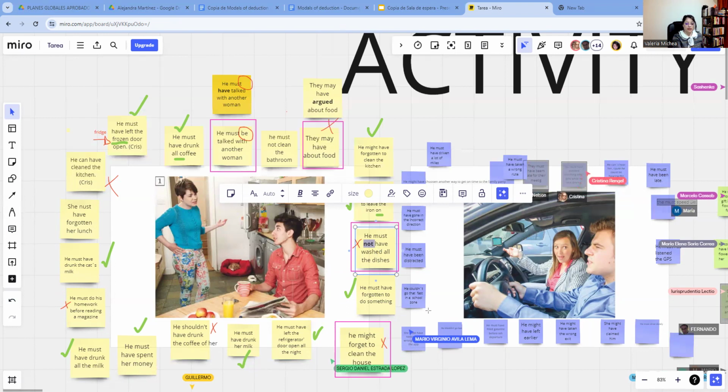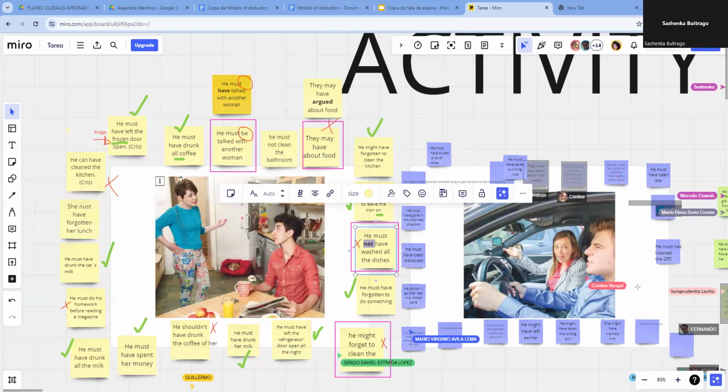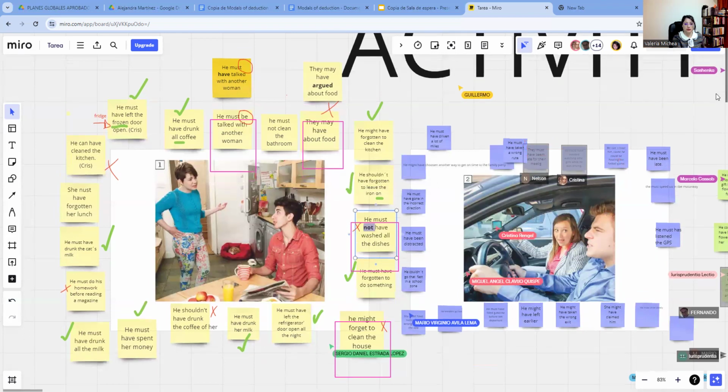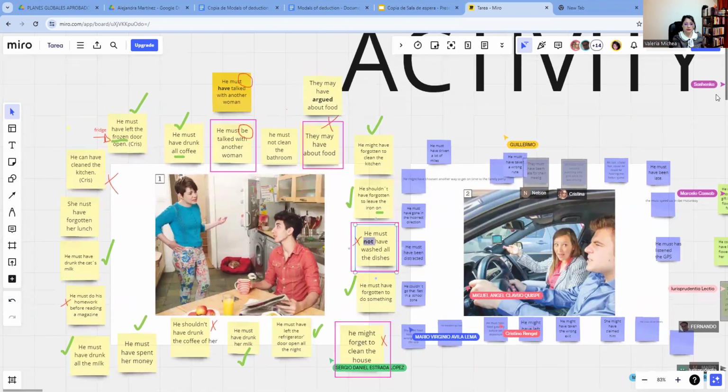All right, then we have "He might forget to clean the house." What is the problem with this one? What is wrong here? The structure of the sentence. He might have forgotten to clean. Yes, thank you very much, Sash. And that is true. So he might have forgotten.